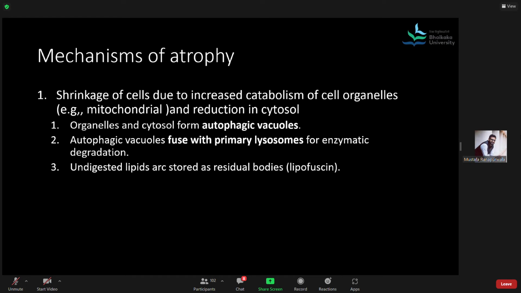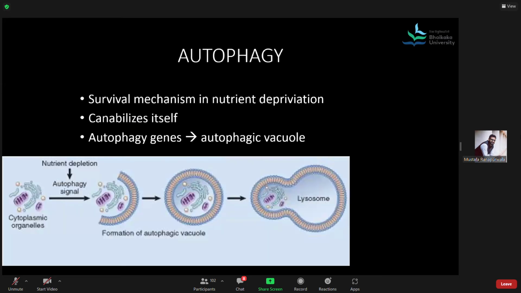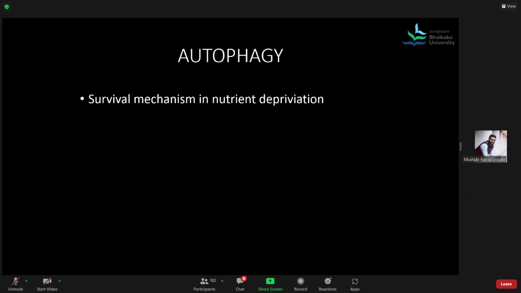This lipofuscin is also known as the wear and tear pigment, and usually comes up in those organs which have undergone this catabolic activation. Okay. This mechanism that we are seeing here, this shrinkage, the formation of autophagic vacuoles, fusion with primary lysosomes, is known as autophagy, right? So in autophagy, this is what is basically going to happen.